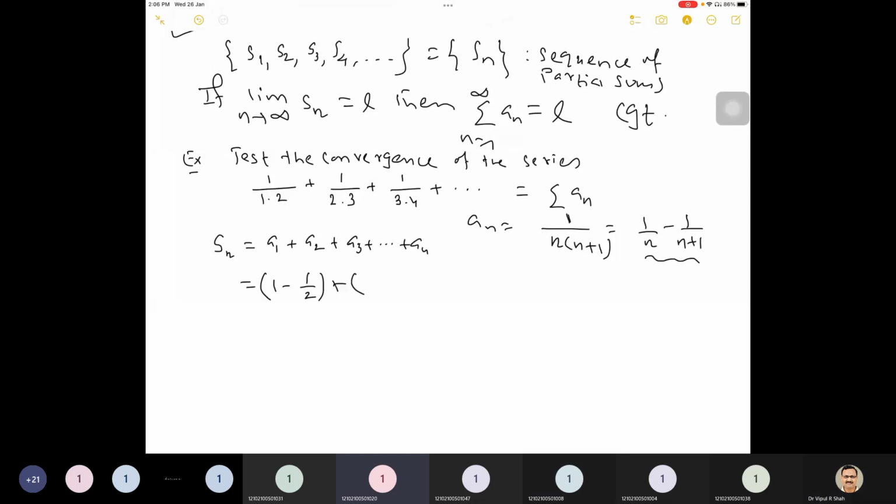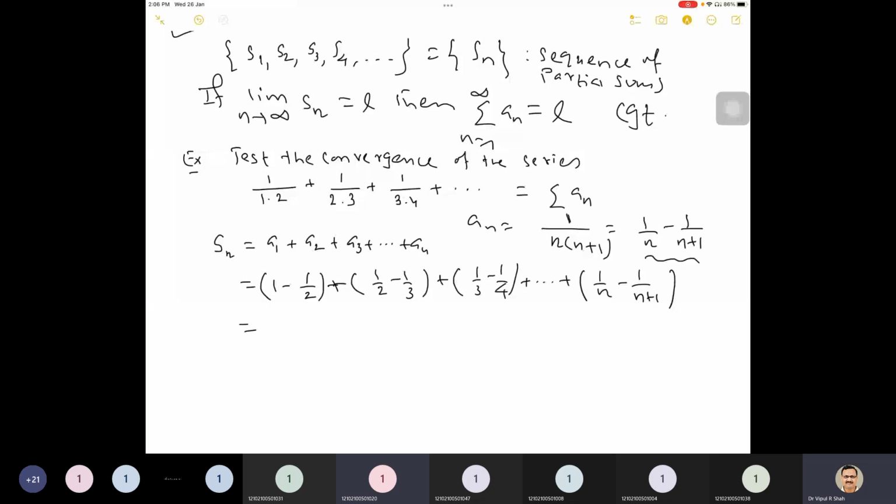What is A2? 1 by 2 minus 1 by 3. Same way A3 is 1 by 3 minus 1 by 4. And so on. What is An? 1 by n minus 1 upon n plus 1.